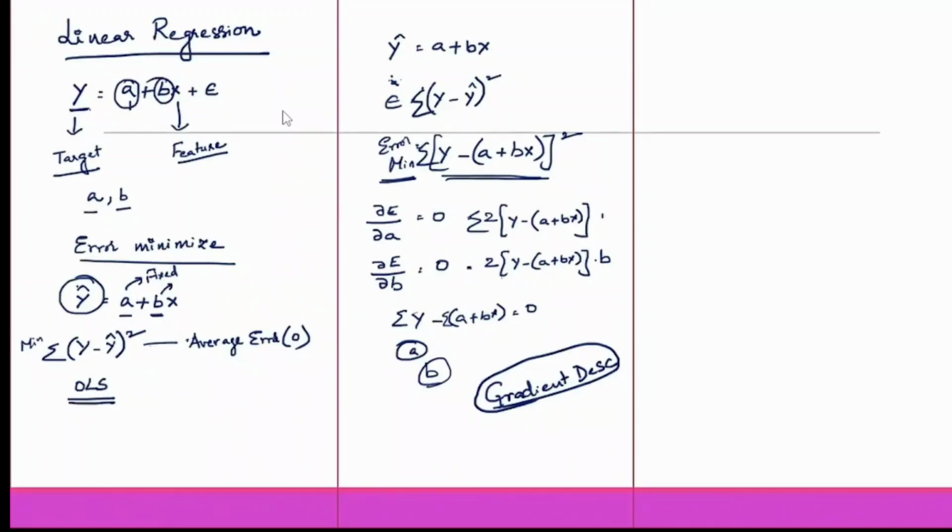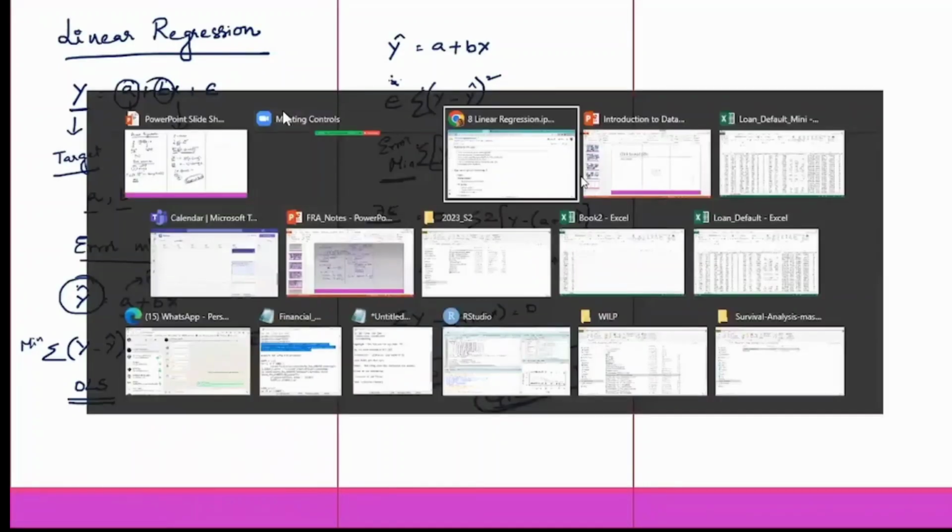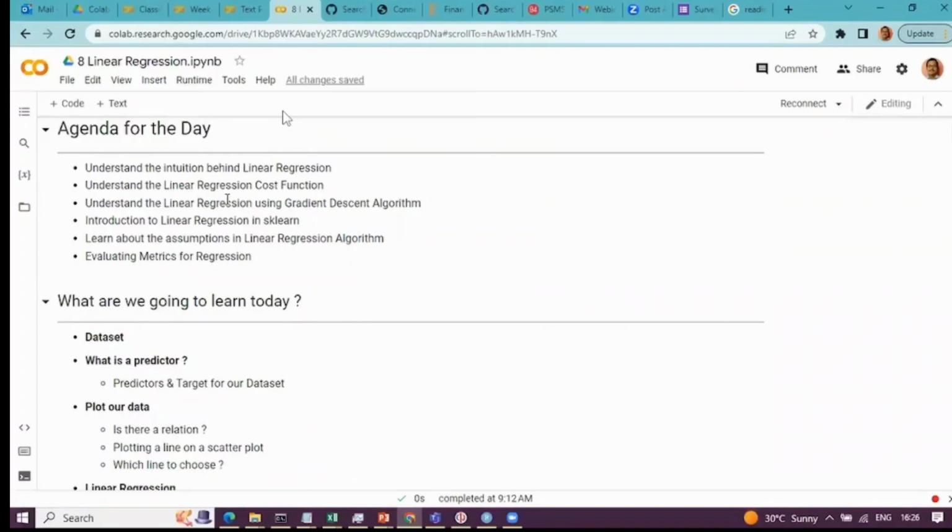Solving a mathematical problem the mathematical way is something that will take some time for me to recollect. So if you are looking for derivations, then I'll have to write them out on a piece of paper before the start of the class. Okay. So then I'm coming back to this linear regression concept.